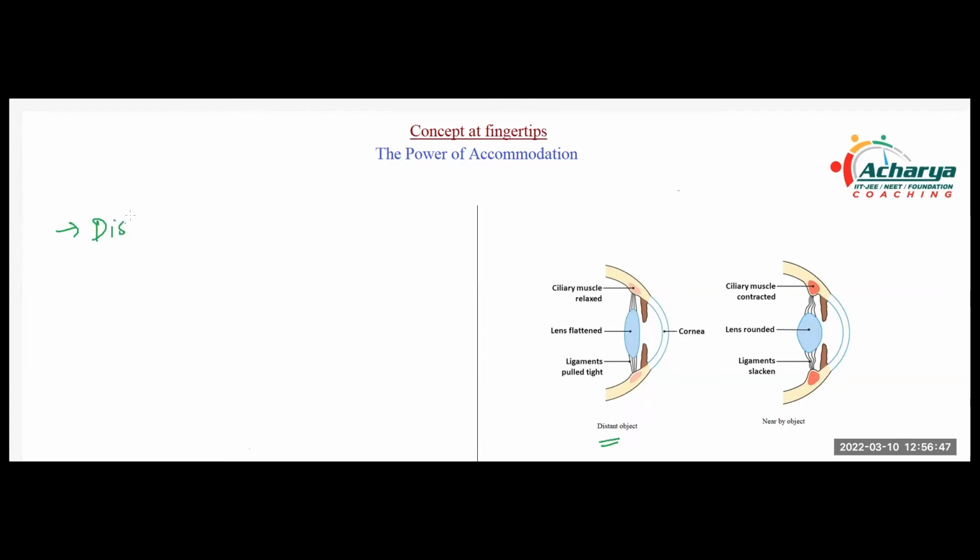So for distant object, the eye lens becomes flat.